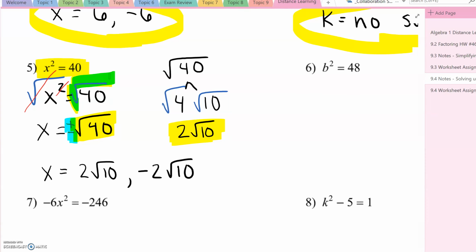Because a -2 square root of 10 times a -2 square root of 10 gets us a positive 40. Because a negative times a negative is a positive. If you remember nothing else from this section, hopefully you remember that a negative times a negative is a positive. Okay, so our 2 answers to this problem are x equals positive and -2 square root of 10. As you've noticed, a lot of times we are going to get 2 answers for a lot of these problems.